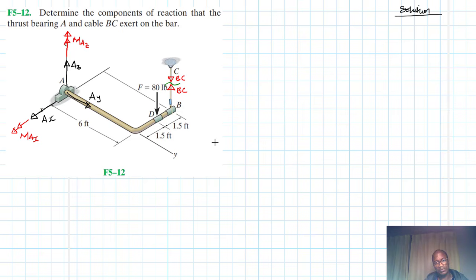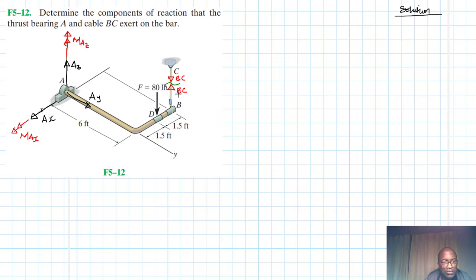But this time around, do not neglect them like we did in the previous case because we do not have any additional supports other than the thrust bearing at A. I hope that is clear.